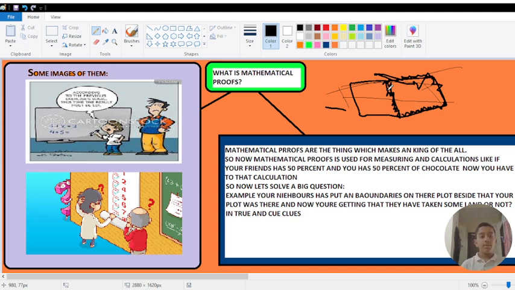Not clear? So this statement is called mathematical proofs. Now first we will find the truth of the case. What is the truth of the case?